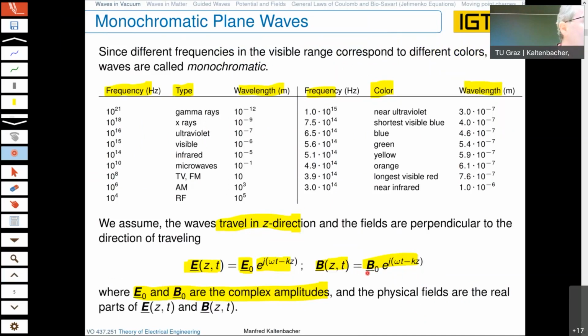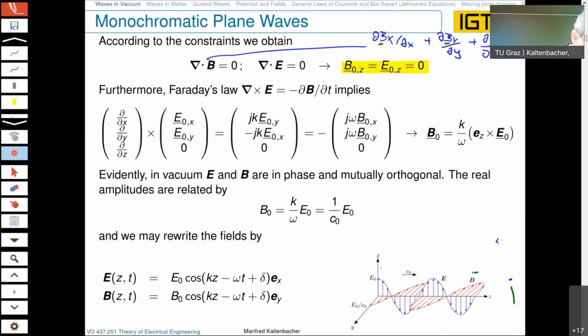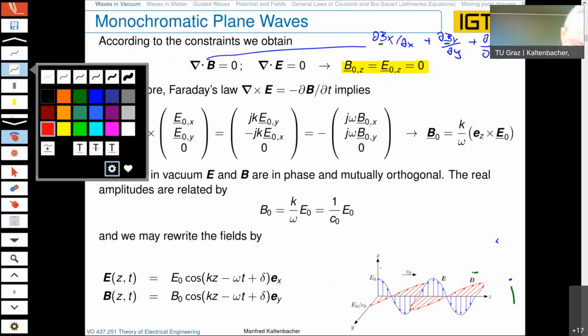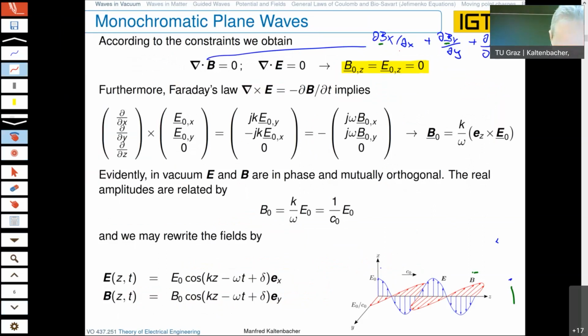They are constants. So we have this being 0, and this being 0. And here we would have a B0 z still underline. I write it better.